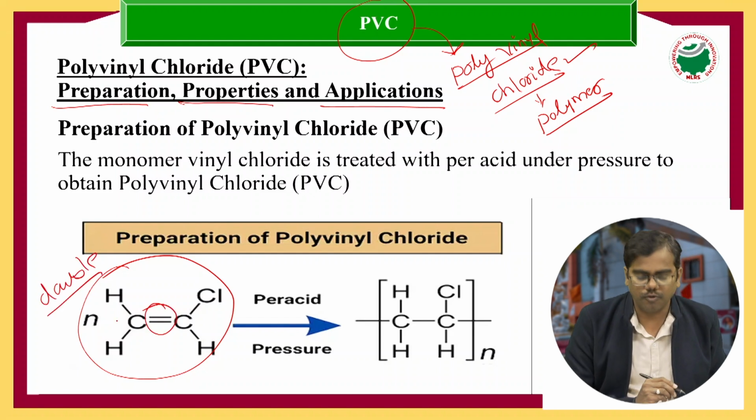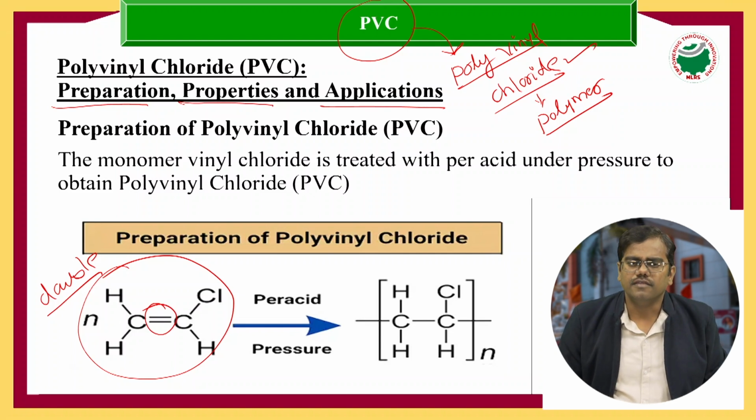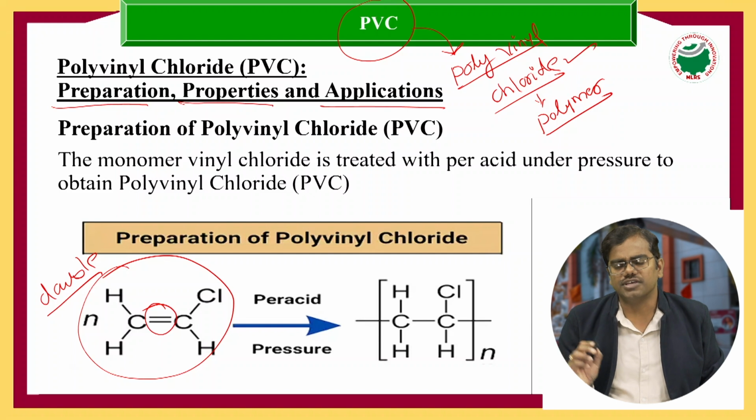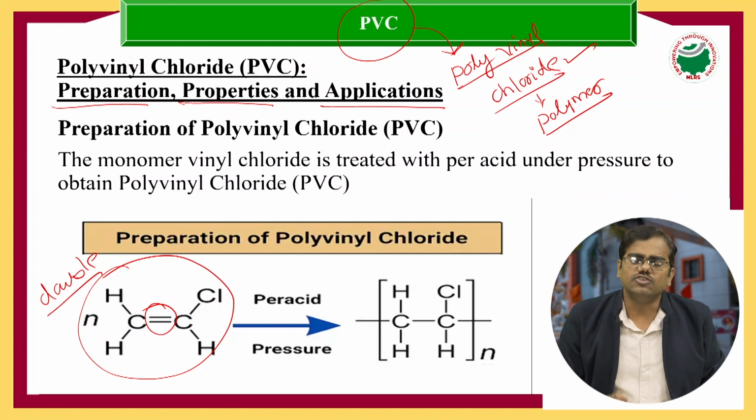Unsaturated chemical compounds are the compounds containing a double bond, or triple bond, or alternating double bonds. These unsaturated chemical compounds are involved in addition polymerization, which leads to the formation of a polymer. That type of polymerization we call addition polymerization.